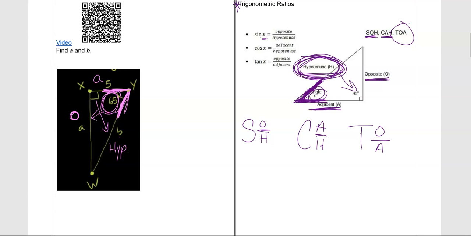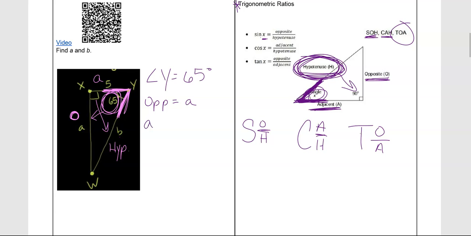So let's do some labeling, make a list of our information that we have. All right, so we know that angle Y is 65 degrees. We know that our opposite side is labeled A in the picture.